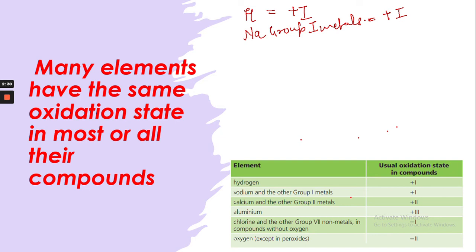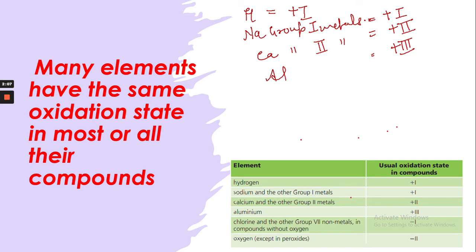Calcium and the other group 2 metals have oxidation state +2. Aluminium has oxidation state +3.